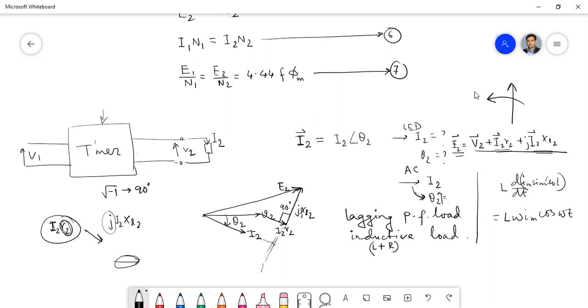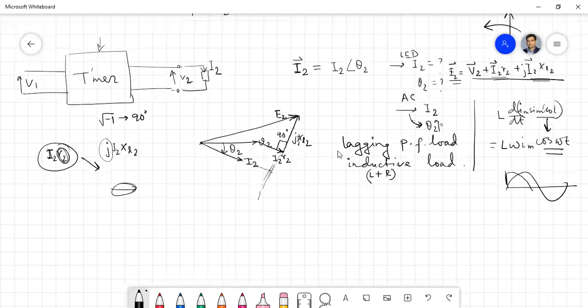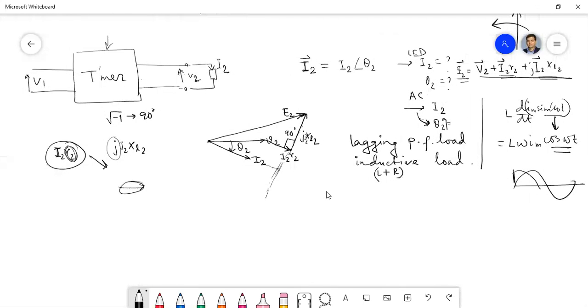So it was sine, but when you take the derivative, it becomes cos. So cos means it's 90 degree leading, isn't it? Cos leads by 90 degree. Therefore, when we get this j term, basically we are leading the reference by 90 degree. So therefore, j means 90 degree leading.